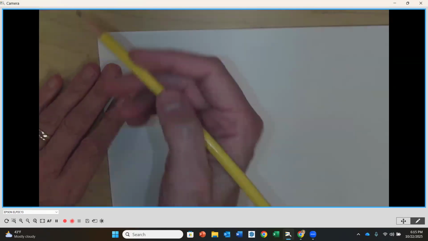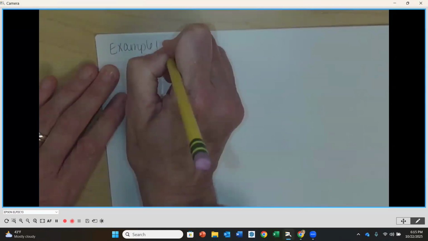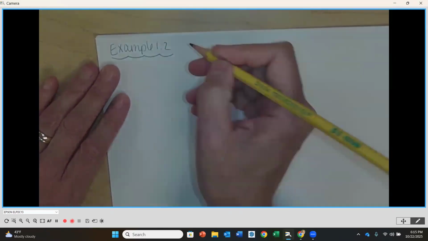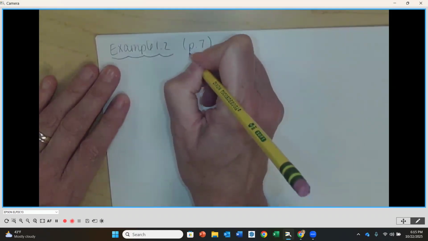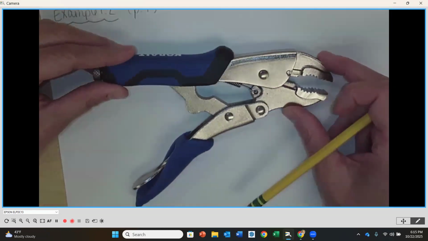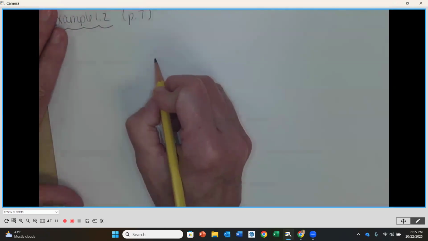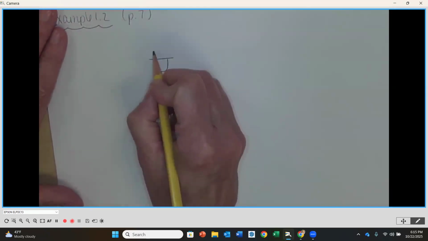So when I look at this one, this is going to be example 1.2. This is on page 7, right? And I'm going to start by drawing those two pin connections. Now, because all of the rest of my linkage is down below, I am going to draw my frame members so that they're kind of up here.